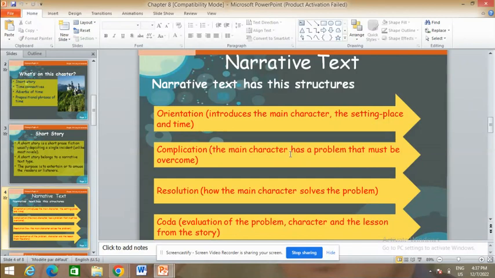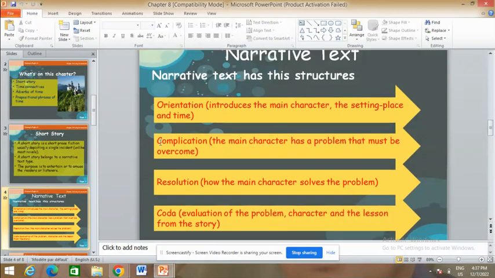The main character has a problem that must be overcome. After the complication, there is a resolution. That is how the main character solves the problem. And the last one, this is optional, that's coda or evaluation of the problem, character, and the lesson from the story.